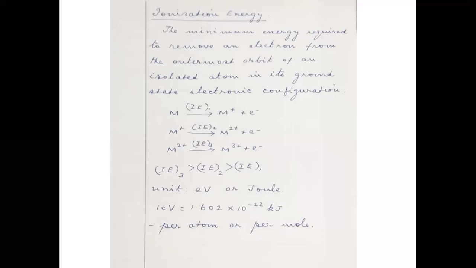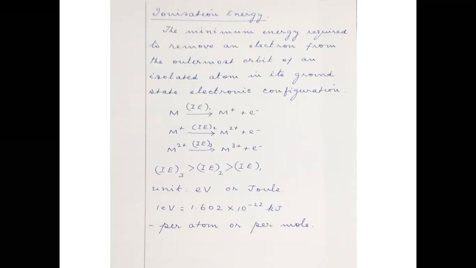So look at the first word. It is the minimum energy, which means that I am intended to remove one electron from an atom. Suppose if I give some 10 kilojoule of energy, I can just remove one electron. If I give 20 kilojoule of energy, the same electron will come out much easily.